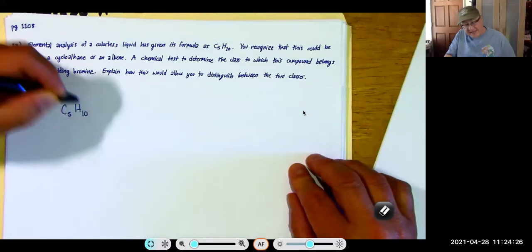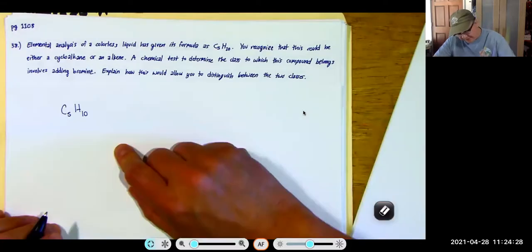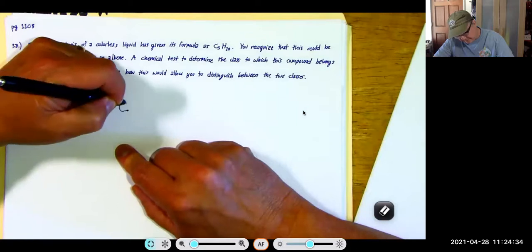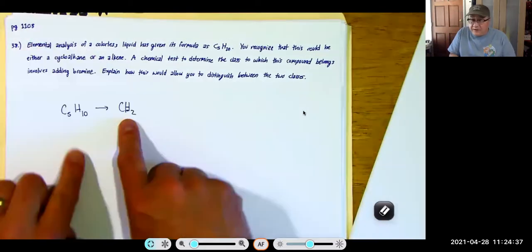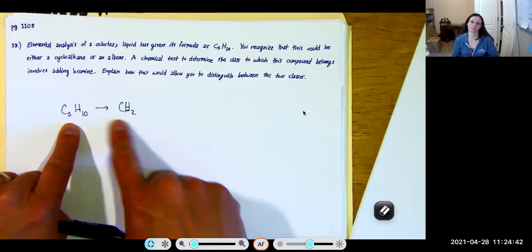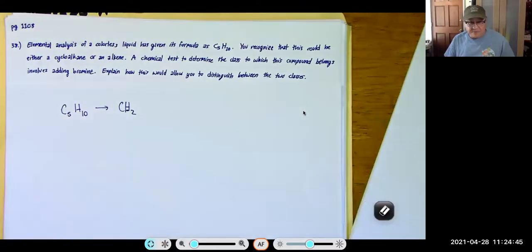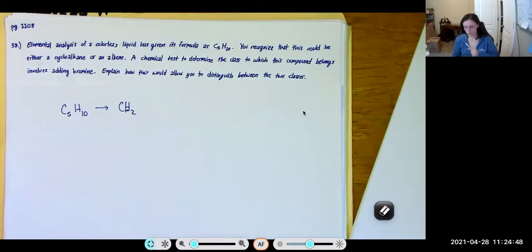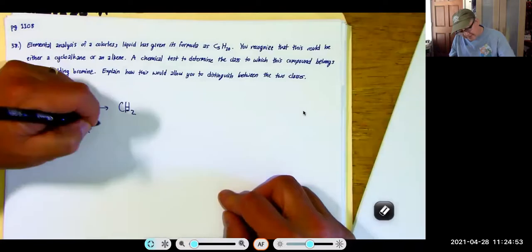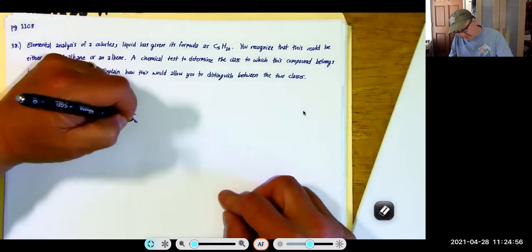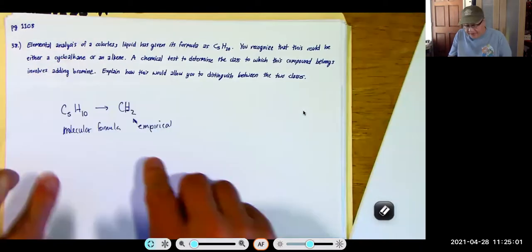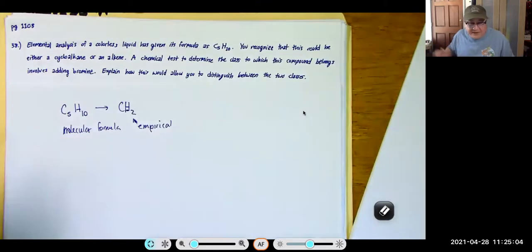Well, we know it's molecular because isn't this the same formula simplified? Is the empirical formula the most simplified form? Yeah. So this has to be a molecular formula, and this is the empirical.